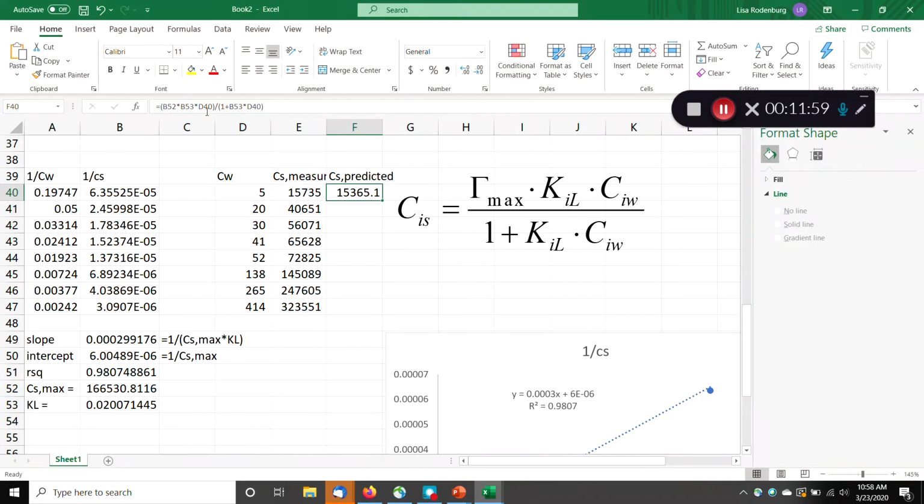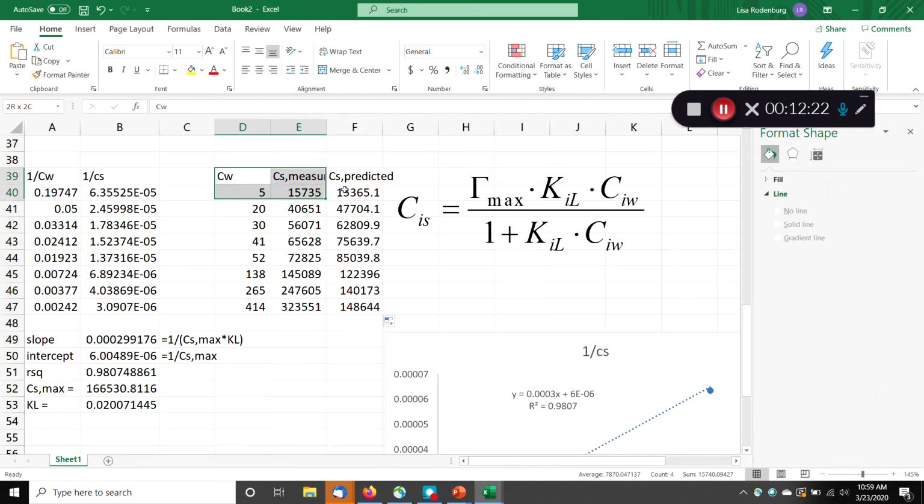Then we've got to put some dollar signs in here. Again, I use the F4 for the dollar signs. It's quick and easy. Did I do that right? Yeah, I think I did that right. Okay, so that looks pretty good. Oh, but wait a minute. That doesn't look so good. So what happens if I plot this?